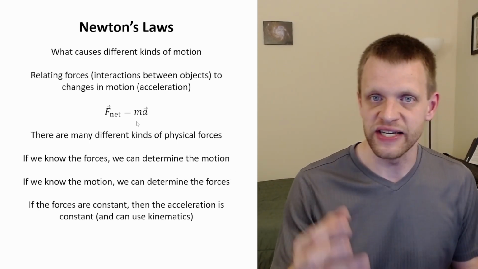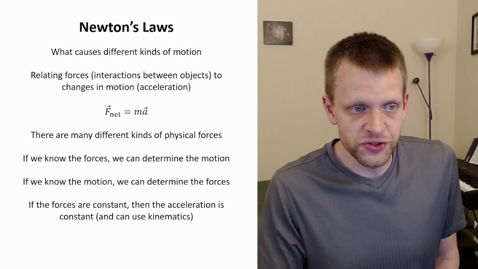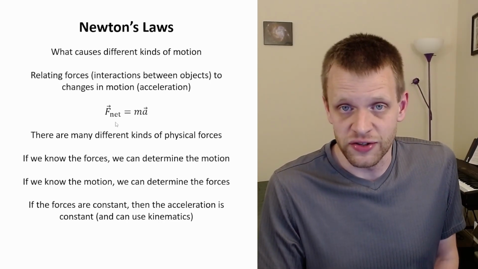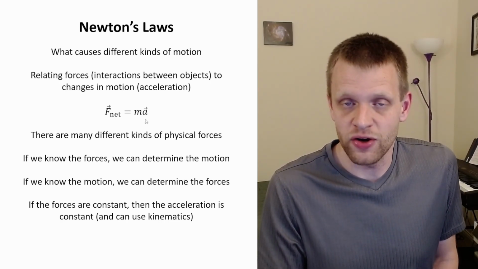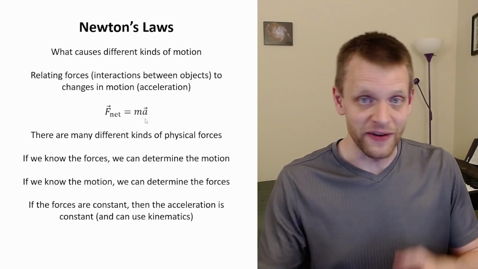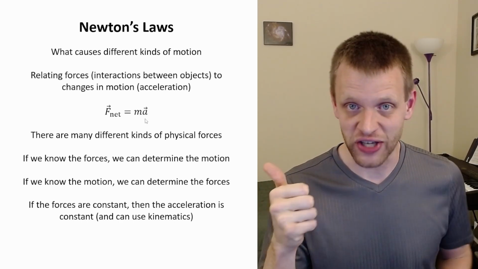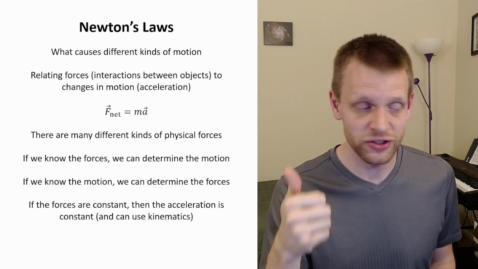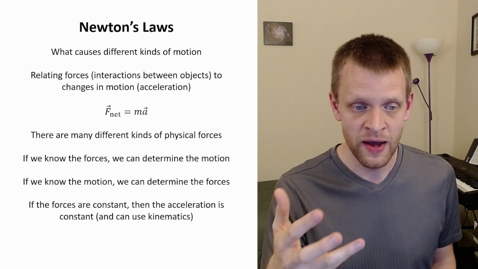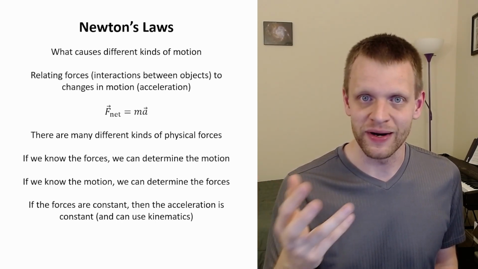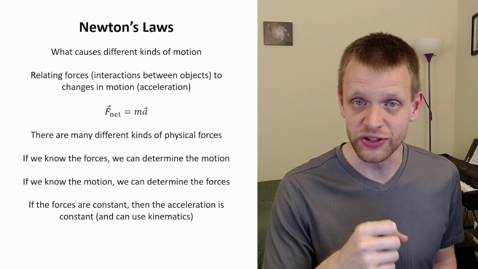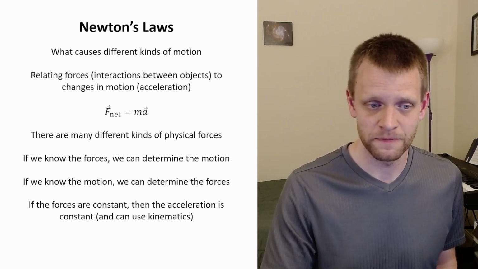So again, this is used in a lot of different situations, and another thing that we can do with this is, if those forces acting on the object are constant, then we're going to have a constant acceleration. And if I have that constant acceleration, same magnitude of acceleration and the same direction the whole time, I can go back and use my constant acceleration equations from the kinematics part.